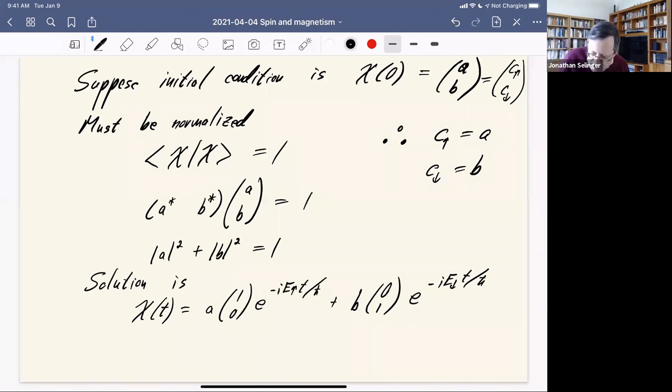Or I could write this more compactly by combining all these things. So this is just a vector where on the top we have A e to the minus i E up t over h bar, and on the bottom, we have B e to the minus i E down t over h bar.